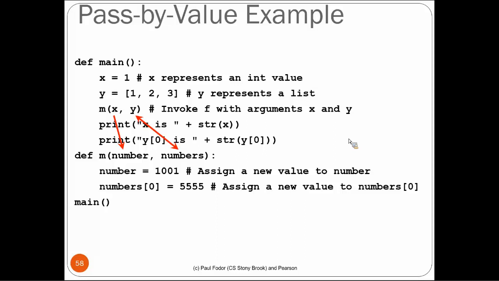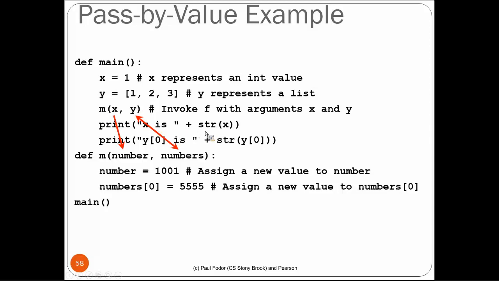Python passes arguments by value to methods, exactly like Java does. However, although in Python everything is in fact an object, numbers and lists or strings are passed differently. So what does that mean? Let's take an example. We define the method main, which initializes x with 1 and y with the list 1, 2, 3. We invoke the method m on the element x and y.